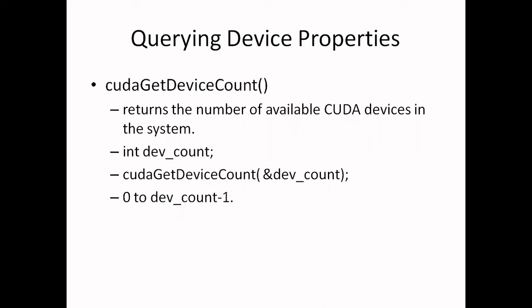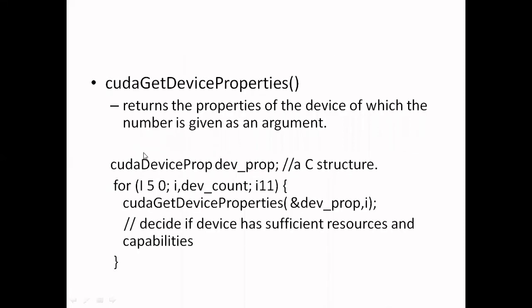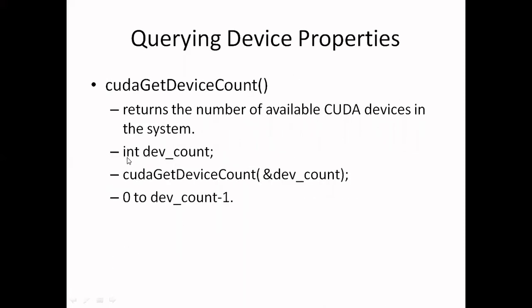How will it tell you? You will have an integer variable, dev count. You will pass the reference of this variable to this function, and this function will set the value in this device count.